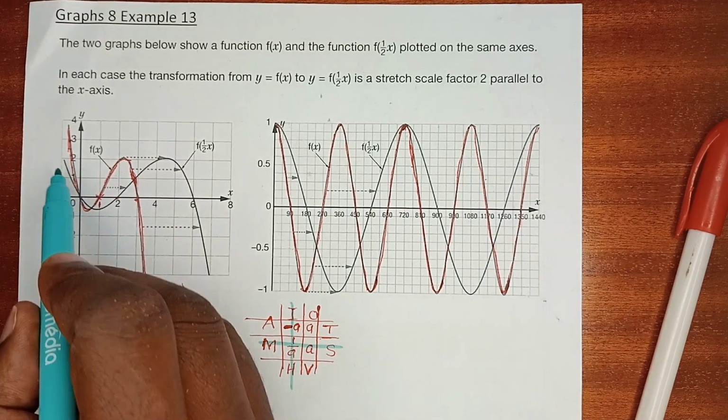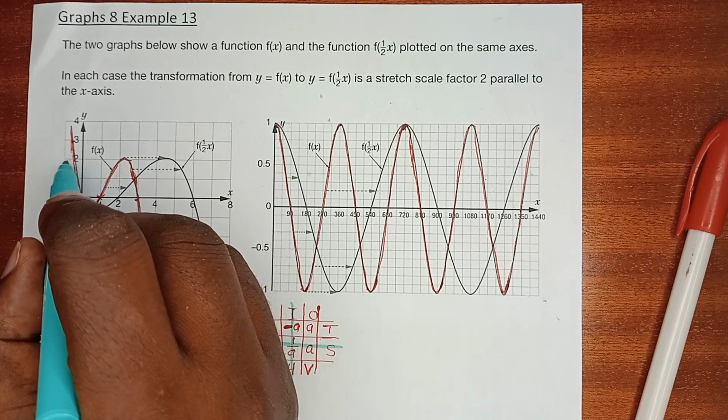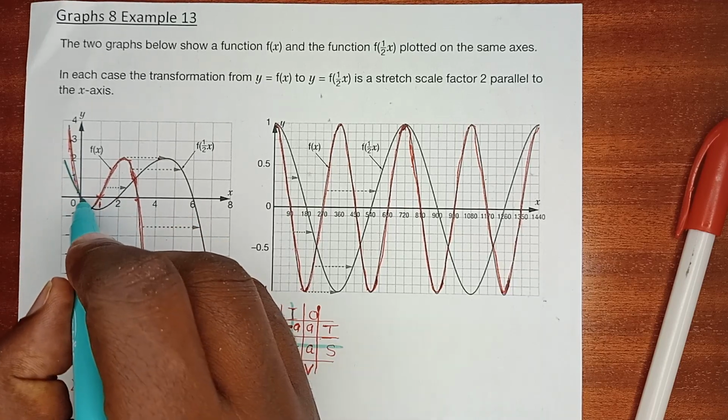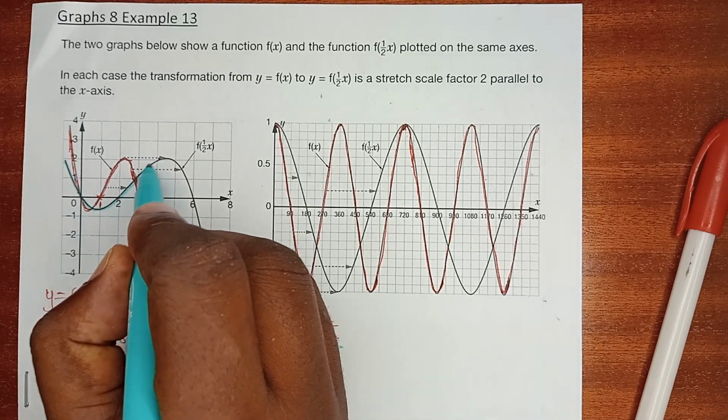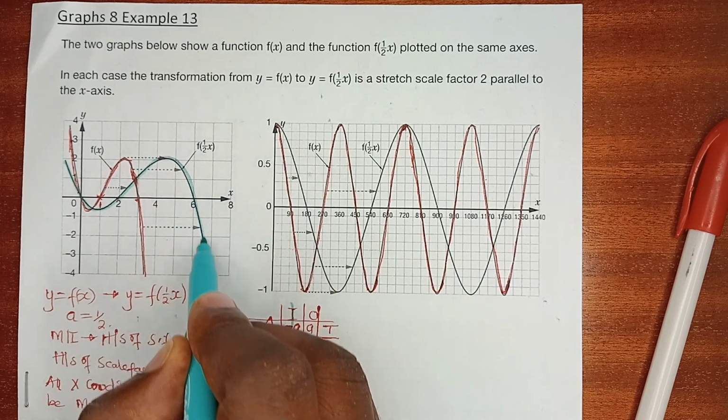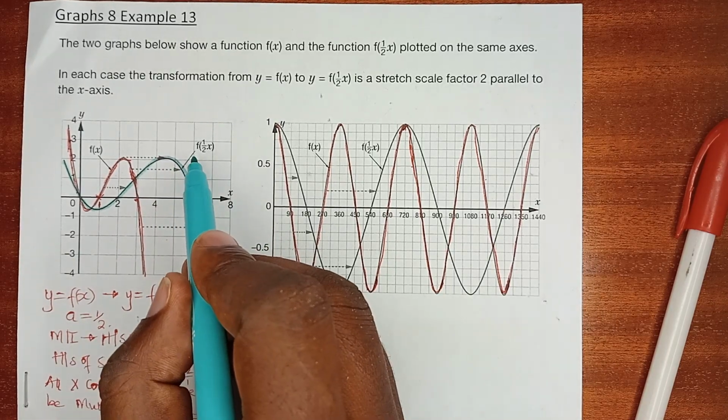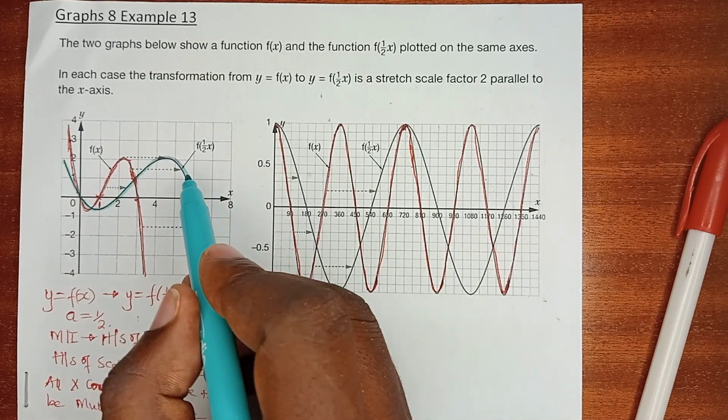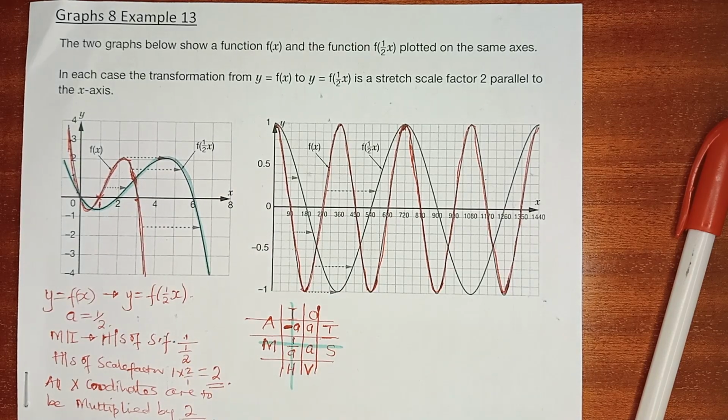Now, the graph that seems to be black, or the graph I'm now following with this colored pen, is the graph of y = f(a half x). You can see how every value of x has been multiplied by 2.